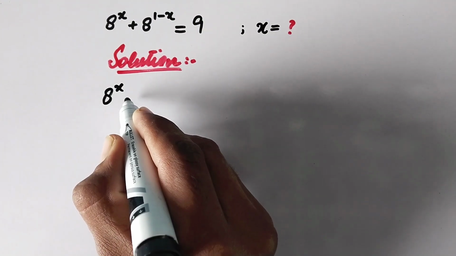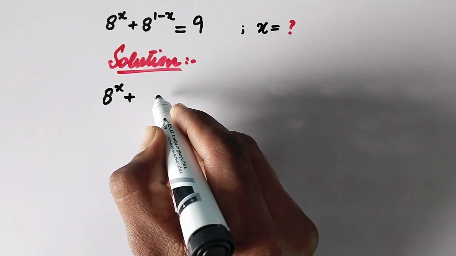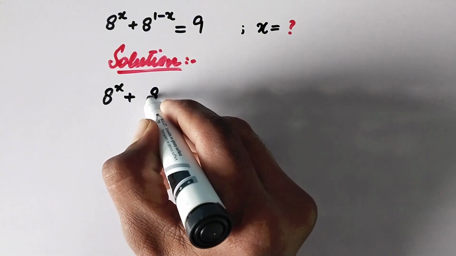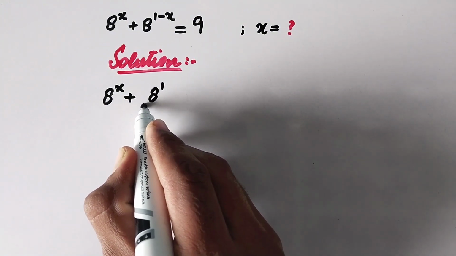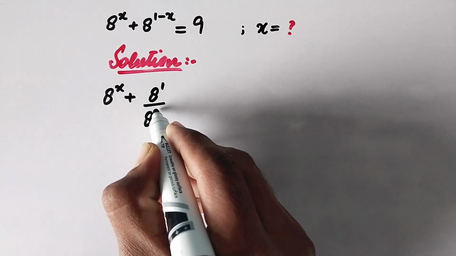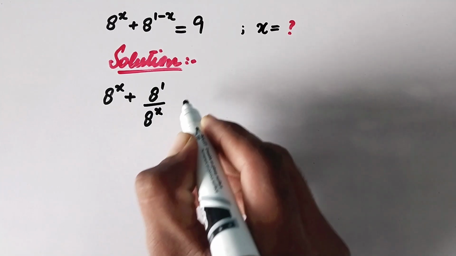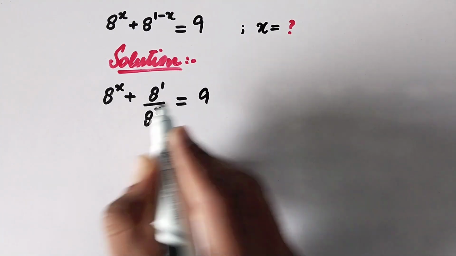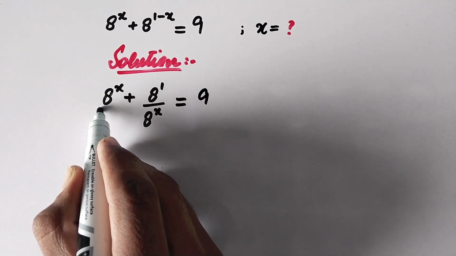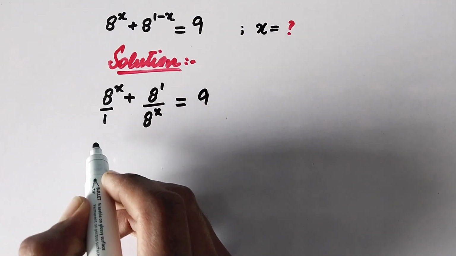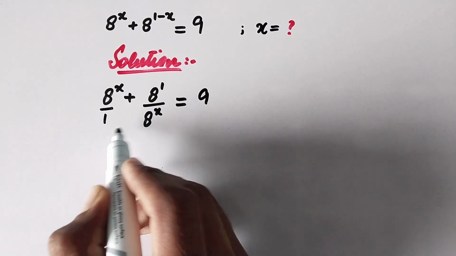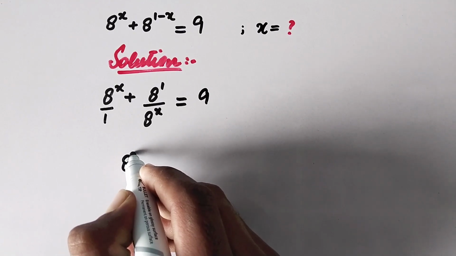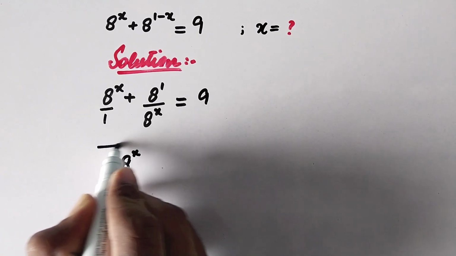8 to power x plus this 8 to power 1 minus x can be written as 8 to power 1 over 8 to power positive x equal to 9. And now here we can take denominator 1 so that the LCM of these two fractions will be 8 to power x.